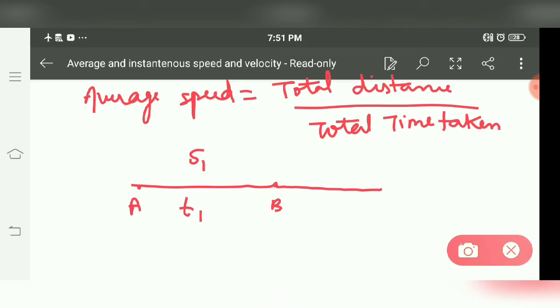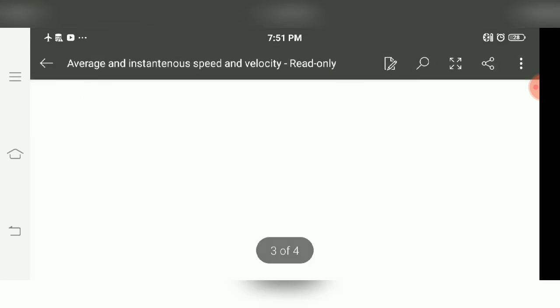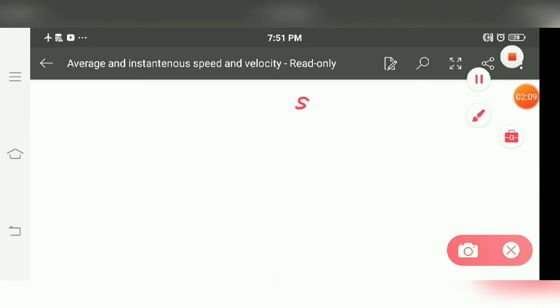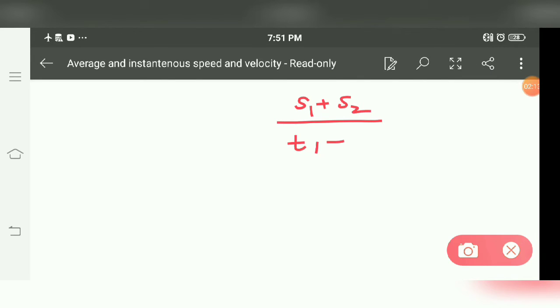Then it moves from B to C, covering distance s2 in time t2. Now the total distance is s1 plus s2, and the total time taken is t1 plus t2. This is the average speed.